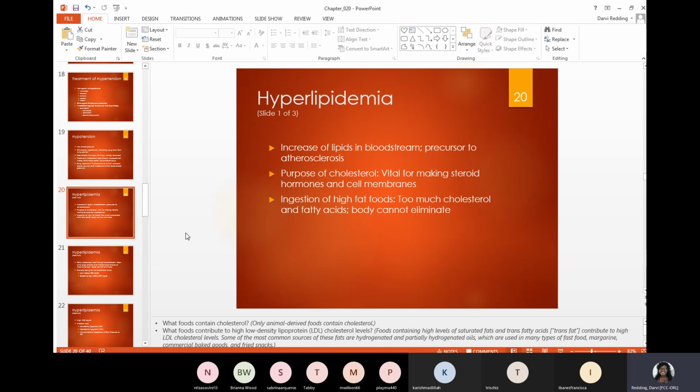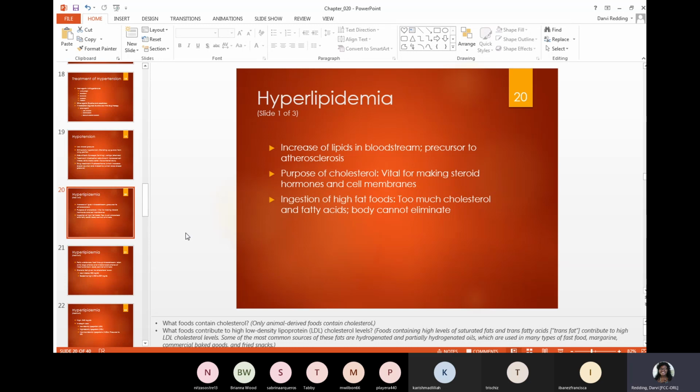So this could be caused by high cholesterol. So when there are increased lipids, that means there's going to be a precursor to atherosclerosis. Now, you might be thinking, well, I thought cholesterol is okay.